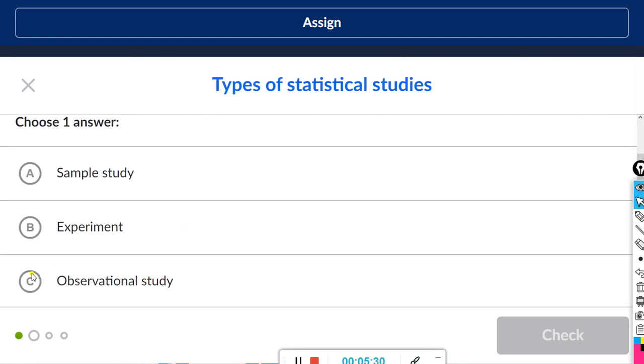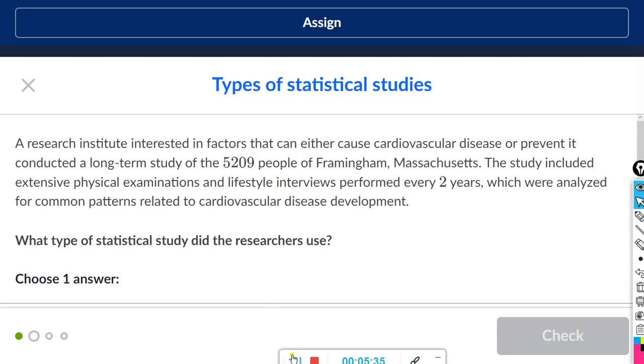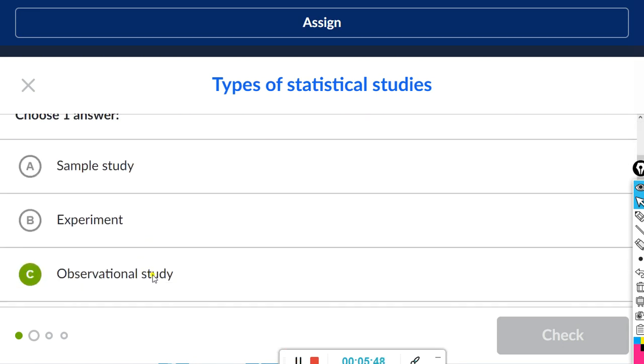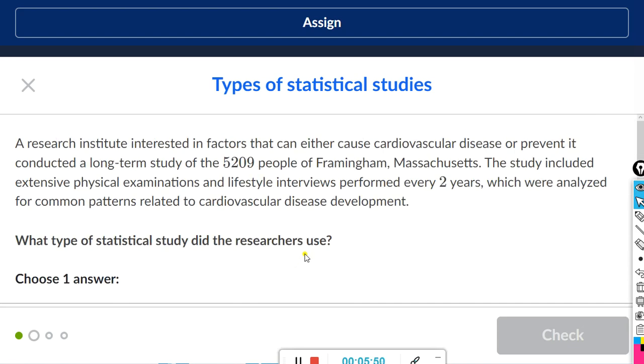So again, this is an observational study. And I can tell you already, since it has the word cause here, that it's probably not going to be an appropriate study, because we said before, an observational study cannot do cause and effect. And they're trying to find the factors that cause or prevent cardiovascular disease.